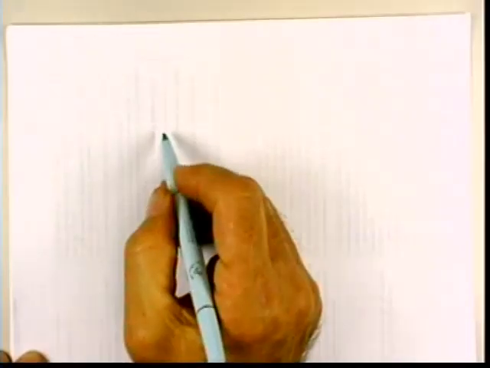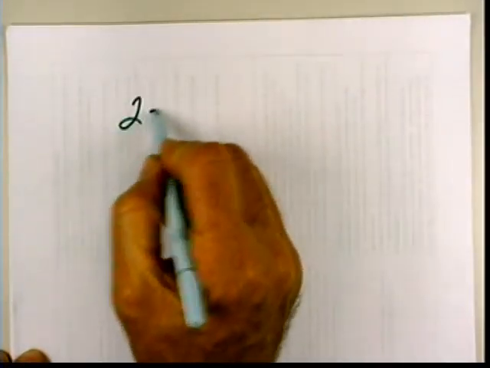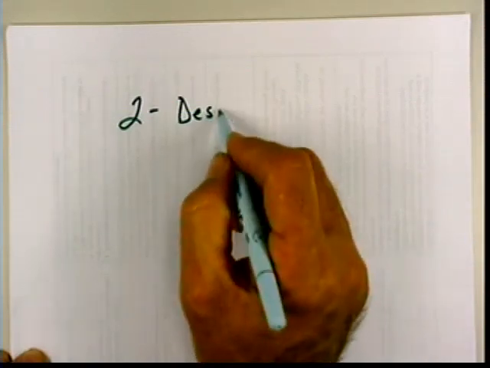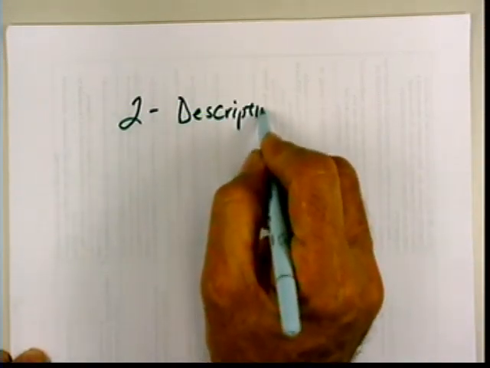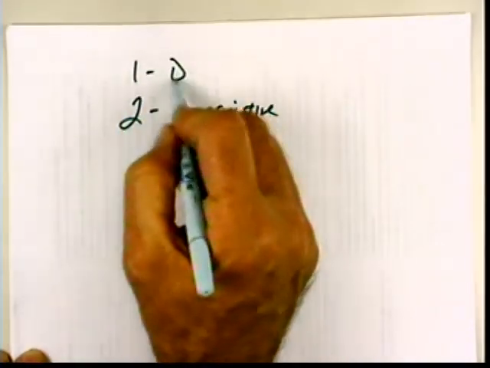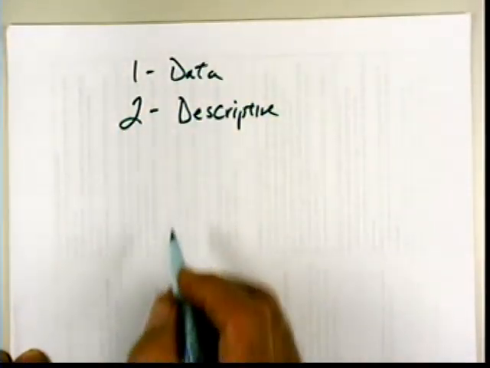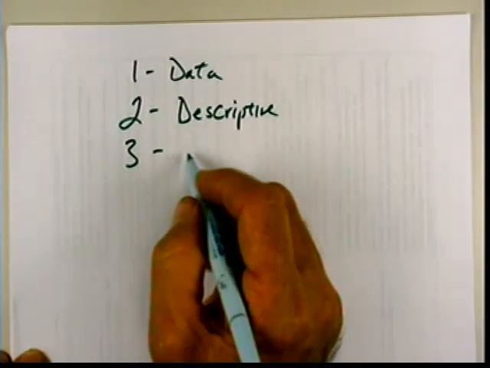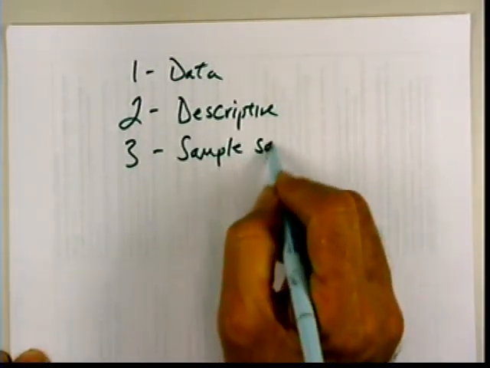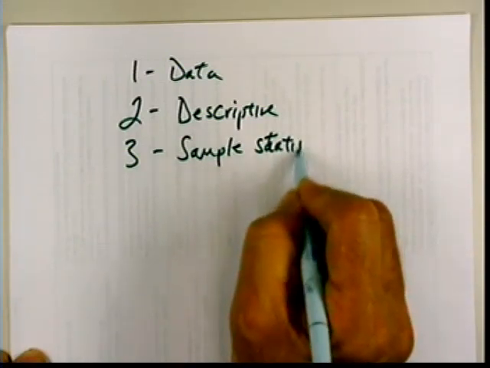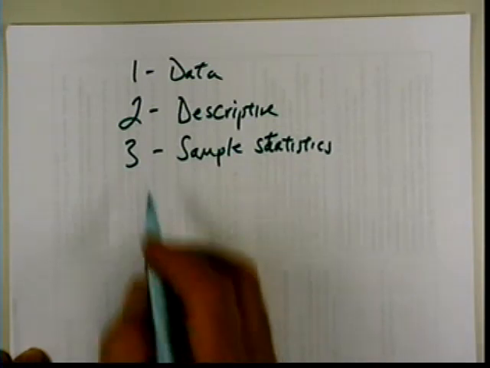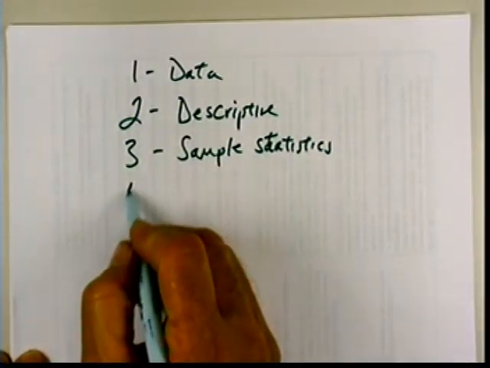If we go through and look at chapter 2, we talked about descriptive statistics. And in chapter 1, of course, we talked about data and how we get that data. Chapter 3, we talked about what we can do with some of the sample statistics, things like the measures of central tendency and variability.